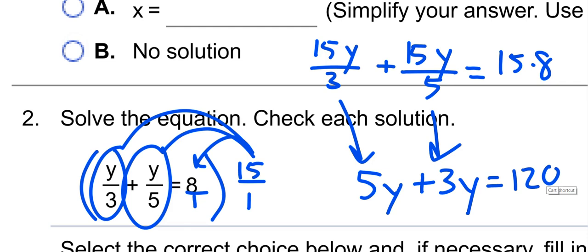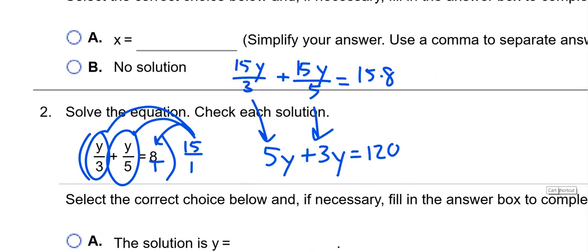Solve it. We got 8y equals 120, and then you divided by 8, and you ended up with a y value of 15.